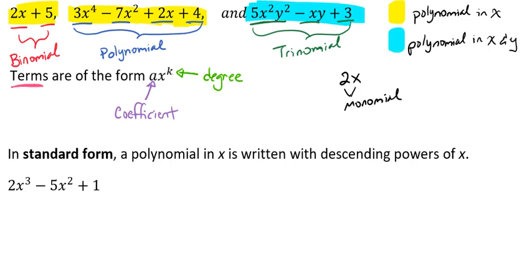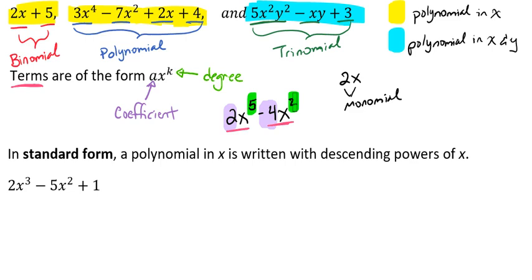So if I had a specific term, let's say I had 2x to the fifth minus 4x squared, then for each term, the 2, for example, would be the coefficient of the first term, and negative 4 would be the coefficient of my second term. The 5 would be the degree of my first term, and the 2 would be the degree of my second term.